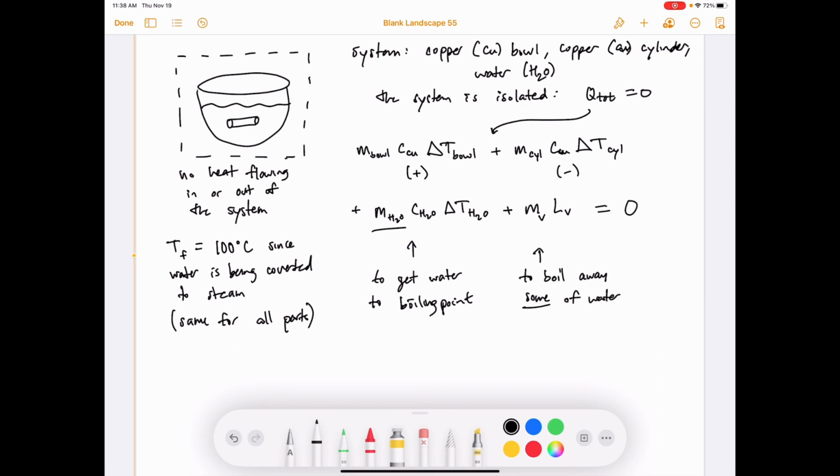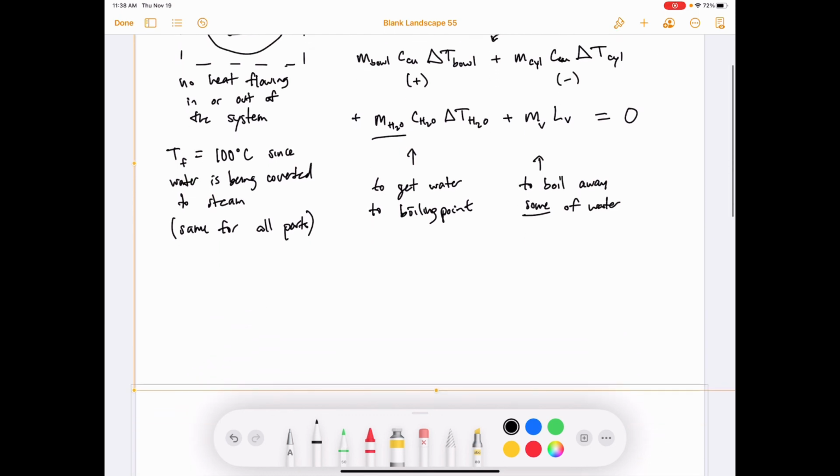Okay, now let's put the numbers in. So starting from the very beginning of the equation, we have the mass of the bowl, which is 146 grams, or 0.146 kilograms. All right, and then we'll take that times the specific heat of copper, which is 387 joules per kilogram degree Celsius.